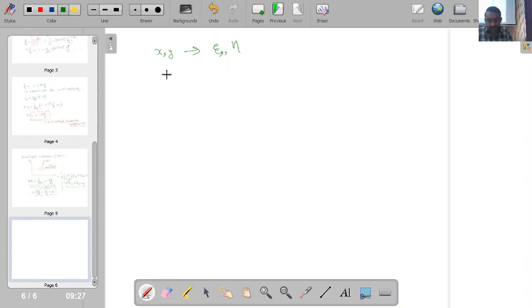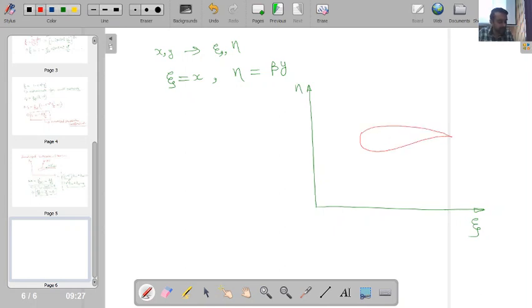Okay, and my transformation variables are zeta equal to x and eta equal to beta times y. So now I am having some new coordinate system, zeta and eta, and the aerofoil is over here. The only difference in the aerofoil, so all the zeta values are identical to x values, but all the eta values are obtained by multiplying beta with the y values.